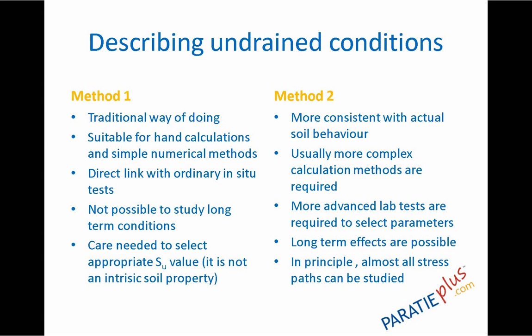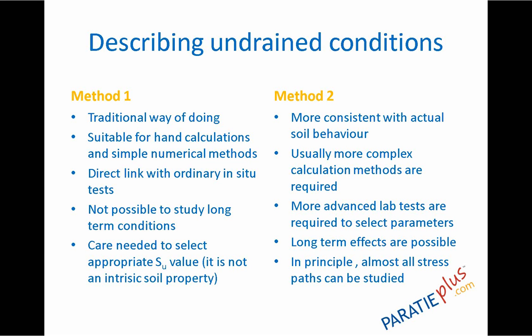In method 2, of course, a more complex calculation tool must be available, and normally this can be done only with numerical analysis, like finite element analysis, because you have to do the calculation considering the coupling of the two effects.